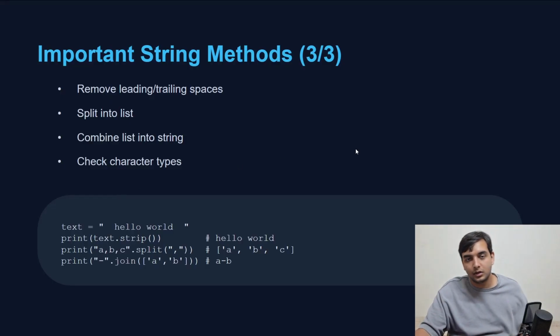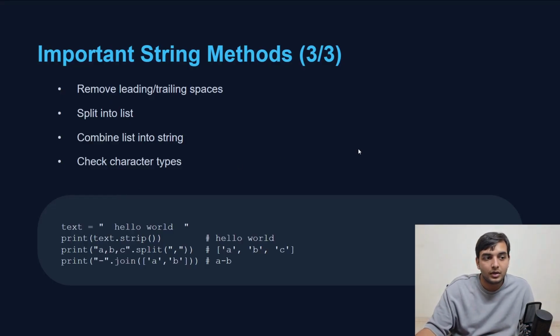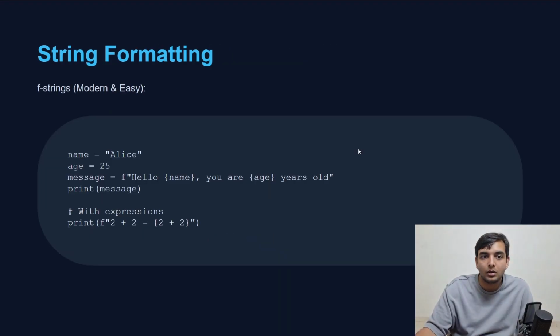That's all the string methods you have to learn as beginners. And string formatting is one of the key things we'll be doing. We put an f before initiating the string and curly braces to insert whatever we want. In this example, name and age are used.